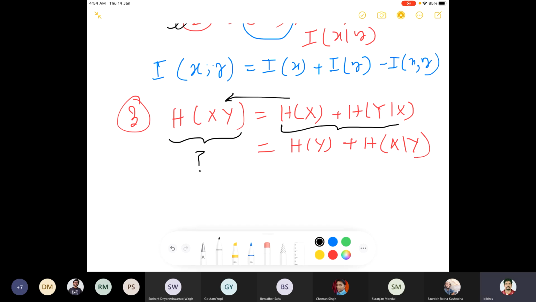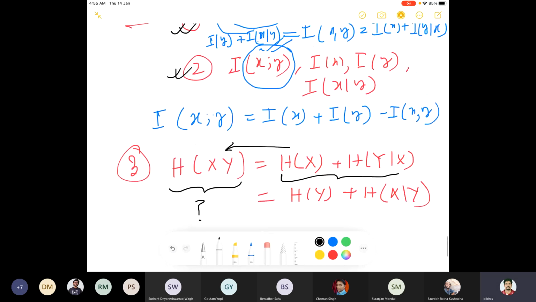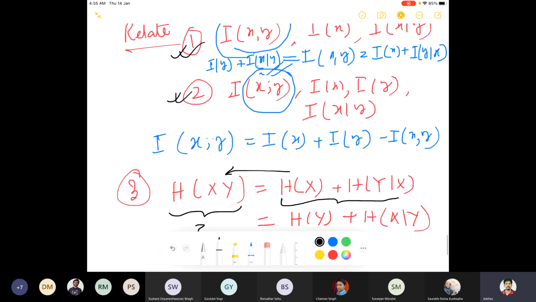Okay, let me ask somebody then. Samaresh Jina, are you here? Yes, sir. Can you tell me what is going on here? H(XY), H(X), and H(Y given X), how are these related using the relations above?